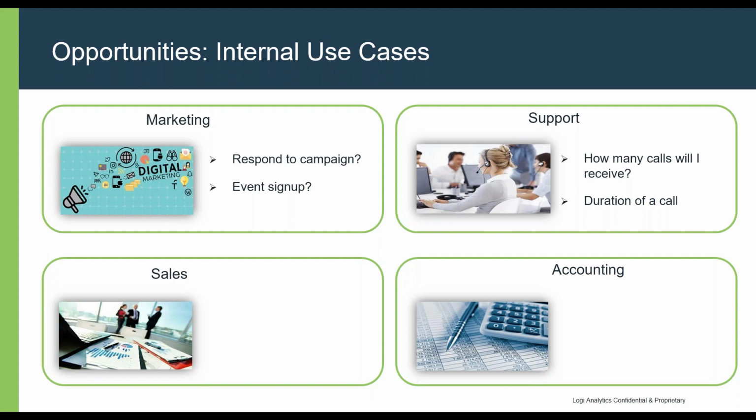So customers want to predict how many calls they are going to get, how long the wait time will be, how long this call will take to complete, or what is the probable time for this case to be closed. Those are all good metrics to predict, and that's going to enable the business sponsor to potentially add additional temporary resources if they see a problem there. We have seen a lot of customers wanting to do those kinds of internal predictions for customer calls.